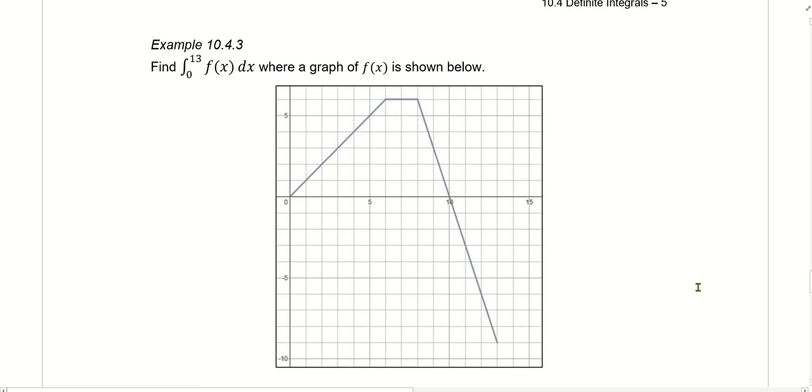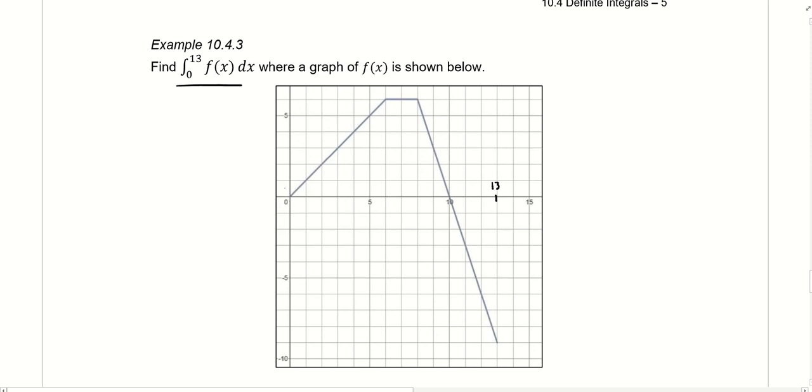But let's consider this function. This function is just called f of x, and we want to find the definite integral from 0 to 13 of this function. In other words, we want to find the exact area under the curve of this function from 0 to 13. So here's 0, 13 is right here.